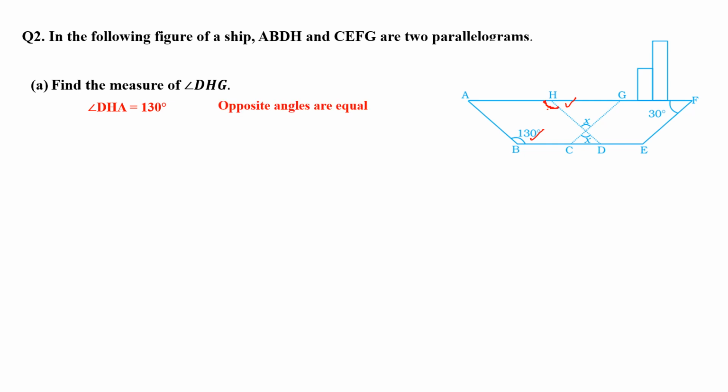Now if this is 130 degrees, the required angle will be 180 degrees minus 130 because they form a linear pair. So angle DHG is 180 minus 130 degrees, which gives 50 degrees, and the reason I can write here is linear pair. Isn't it? They are forming a linear pair.